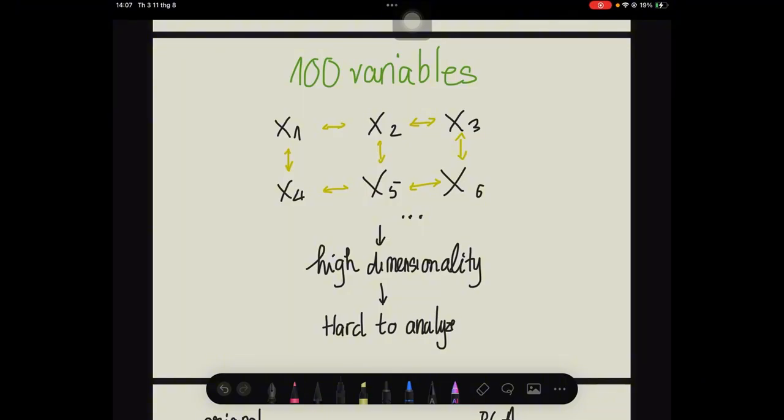So we have a lot of variables, but much less unique information than the number of variables suggests. This creates what's called a high-dimensional dataset. And high-dimensional data can be difficult to analyze, visualize, and model. PCA provides a way to compress that information.